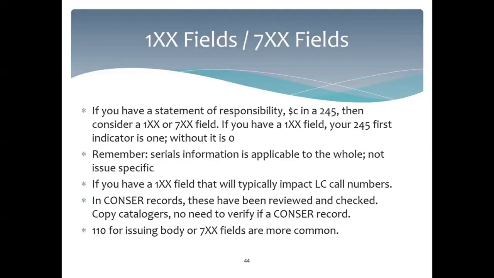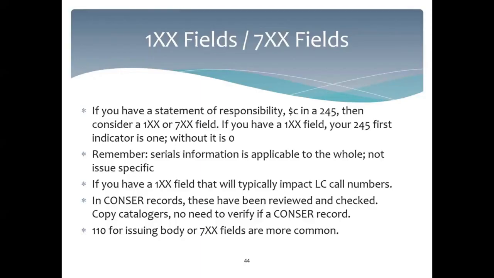So if you have a 100 field, a 110 field, or a 240, then your 245 first indicator should be 1, and the second indicator would be whatever the title needs, and we're going to talk about those in a second. But if you don't have a 100, 110, or 111 field, then it's going to be a 0.